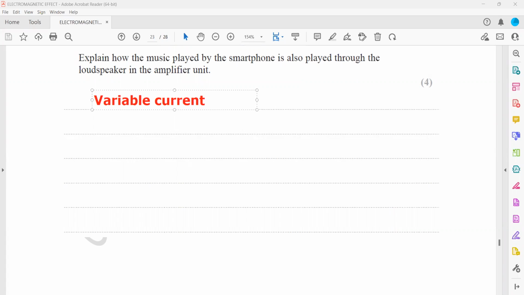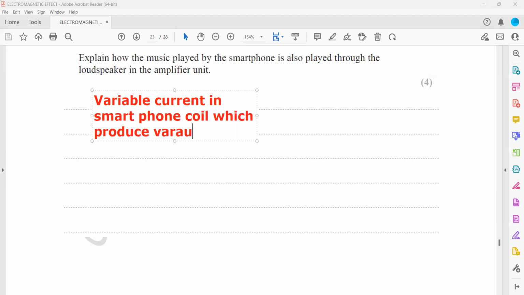So there is a variable current in the smartphone coil, which produces a variable magnetic field. That is one thing.